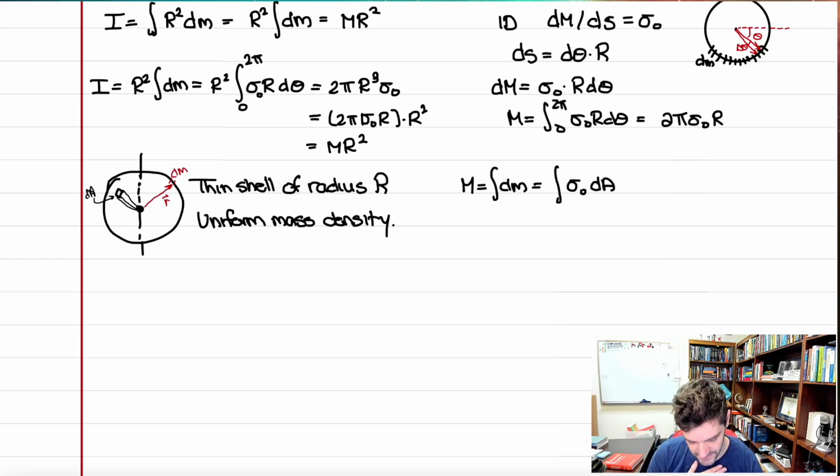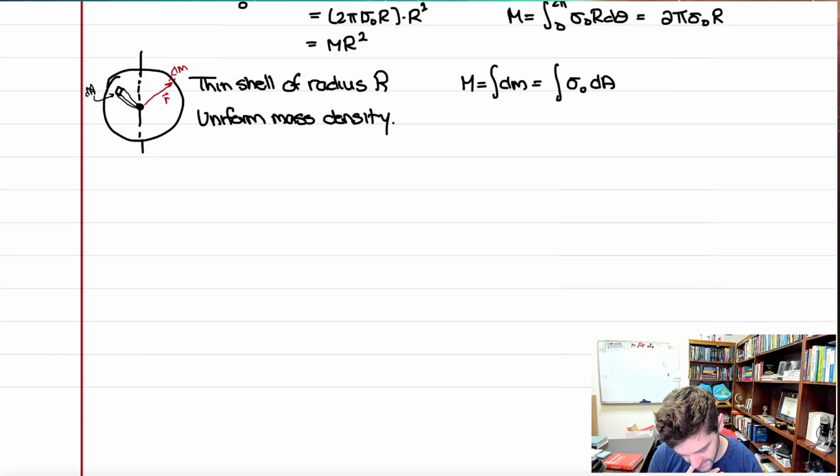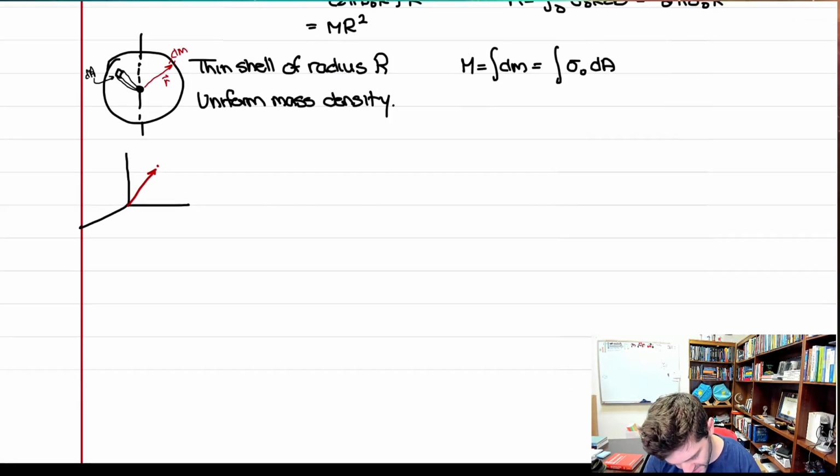Because in this case, let's remind ourselves what spherical polar coordinates are. If I have my Cartesian axes, I have some position here, which is r. I could imagine projecting the shadow of this vector into the xy plane. So here's the shadow of that vector in the xy plane. And what are my three coordinates?